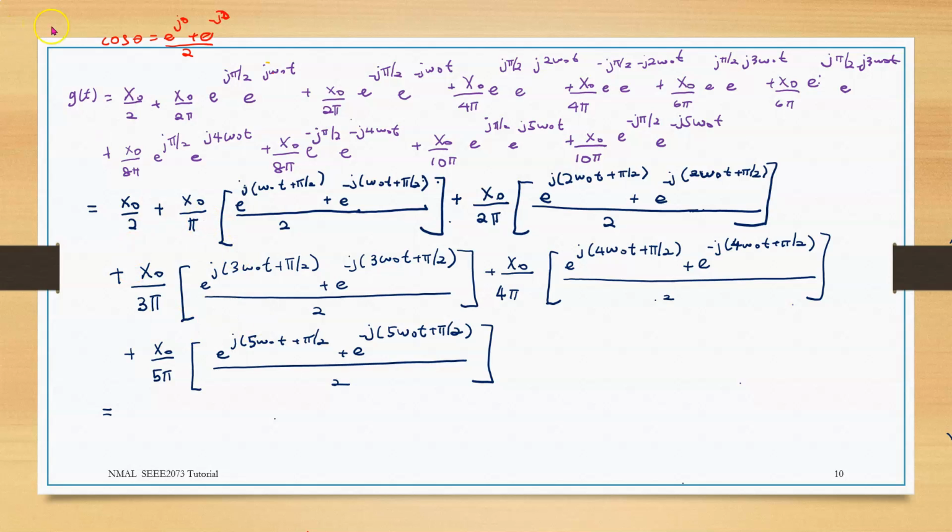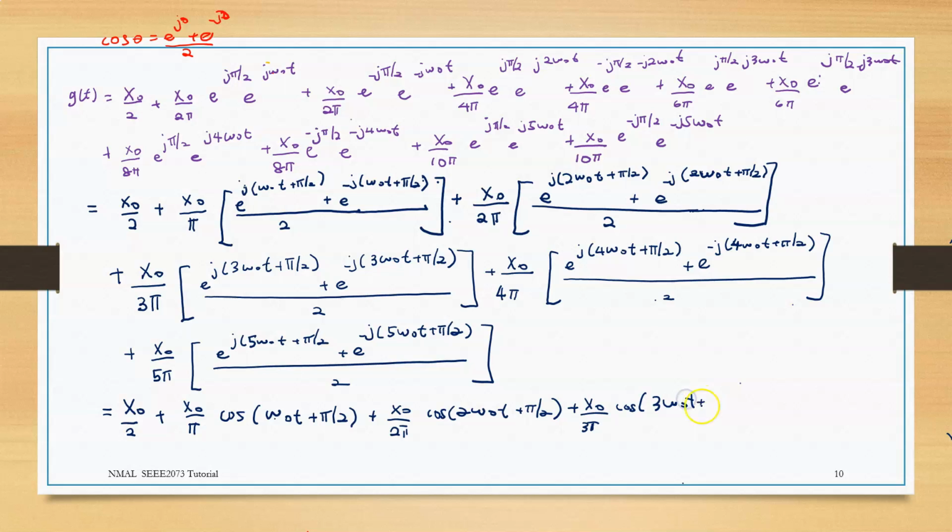Okay, and from here you can match with the equation for cosine. So the long equation here will become g(t) equal to x naught over 2 plus x naught over pi cos(omega naught t plus pi over 2) plus x naught over 2 pi cos(2 omega naught t plus pi over 2) plus x naught over 3 pi cos(3 omega naught t plus pi over 2).